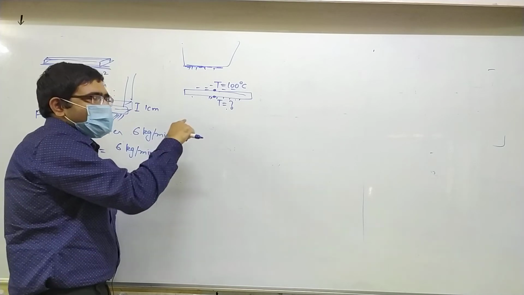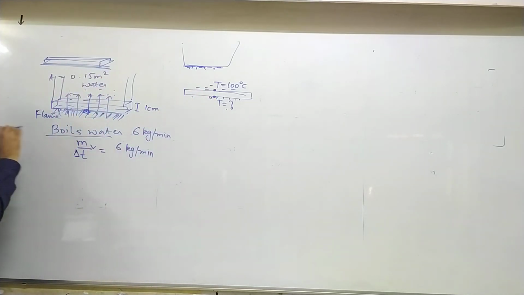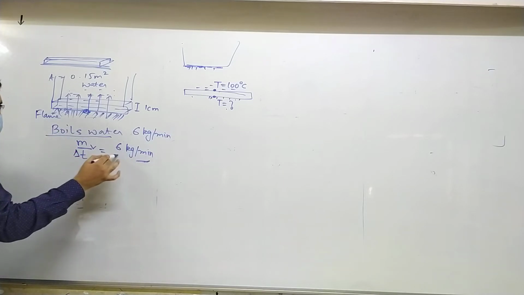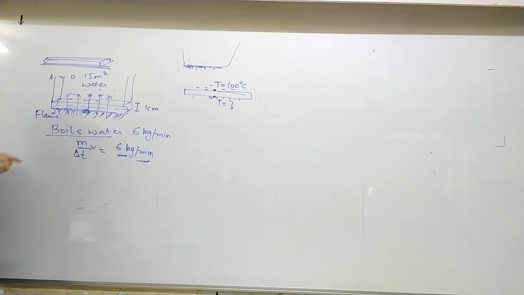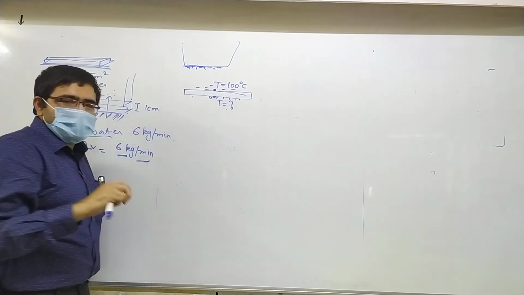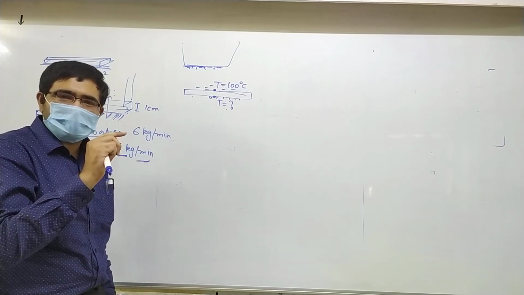So water will get that heat, and water will boil. So we know that in 1 minute 6 kg water boils. So now you can relate all these quantities, because the difference of temperature is connected with current of heat, that is flow of heat.